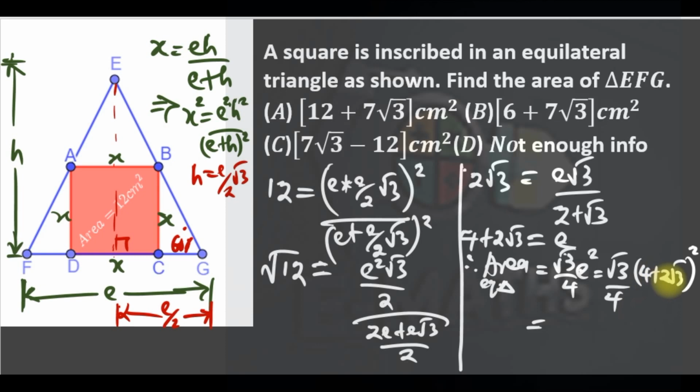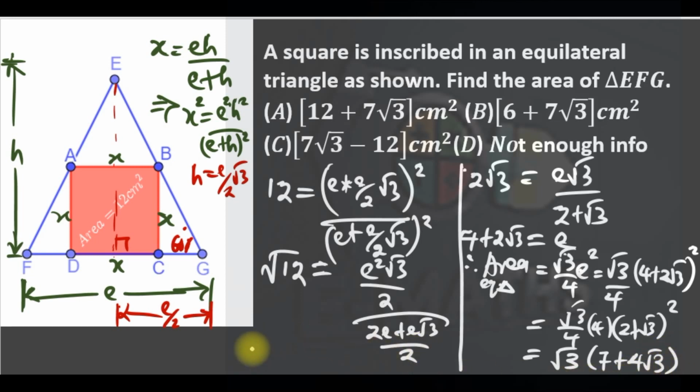So as you can see, there is 2 here, there is 2. We can factor the 2, so 2 squared is 4. So I have root 3 over 4, 2 squared is 4, times we are left with 2 plus root 3 all squared. So I have root 3 times, we expand this, root 3 squared is 3 plus 2 squared, 4, 3 plus 4 is 7, so 7 plus 4 root 3.